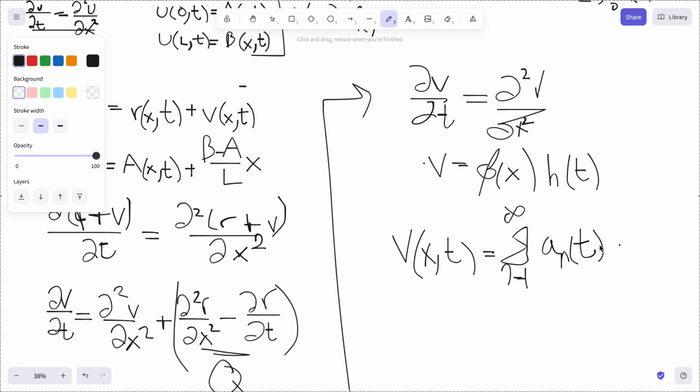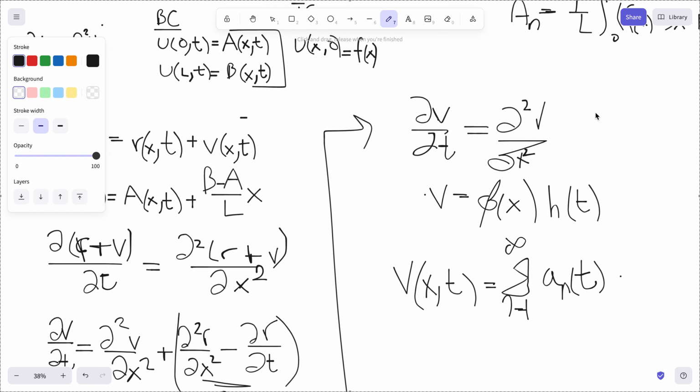times, looking at our boundary conditions, we know that because our reference temperature distribution had the same boundary conditions as our actual temperature distribution that we're solving for, V's boundary conditions would be 0. So V of 0 comma t equals 0, and V of L comma t equals 0.